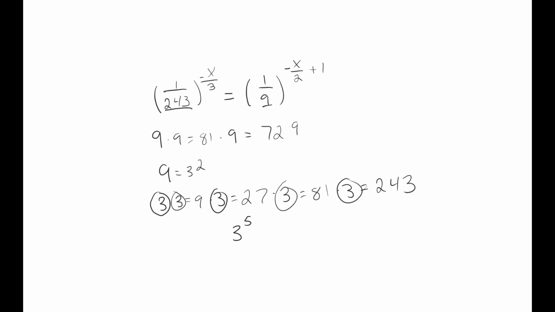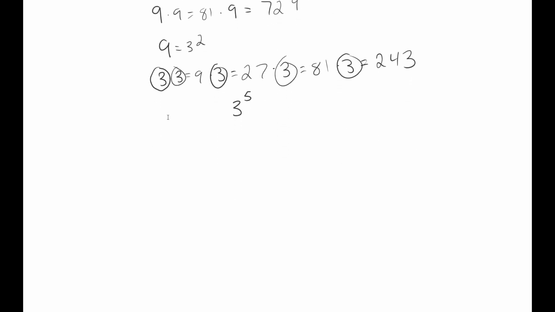So let's go ahead and do a quick rewrite of this problem where we have 1 divided by 3 to the 5th power, that's 243, to the negative x over 3 is equal to 1 divided by, we had to change the 9 as well, to 3 squared to the negative x over 2 plus 1. Now, what we're going to do is bring in this exponent to both the top and the bottom.